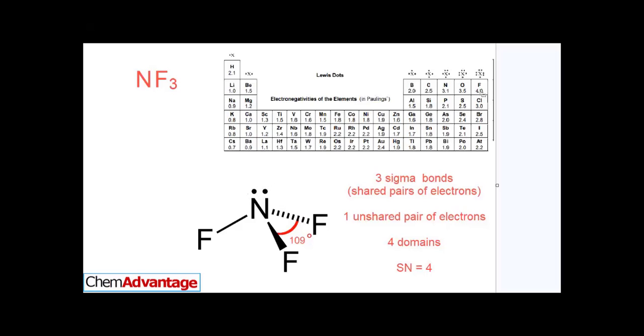Now, fluorine, again, as I mentioned before, has a huge electronegativity. And in this bond, you'll remember, it's going to tug away at the shared pair of electrons here, and the fluorine is going to have an advantage over the nitrogen, which has an electronegativity of 3.